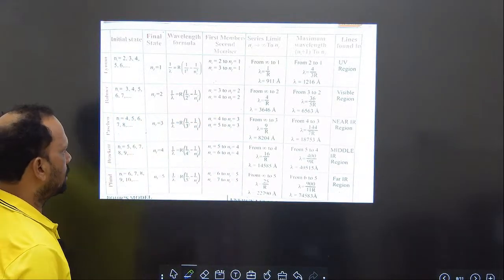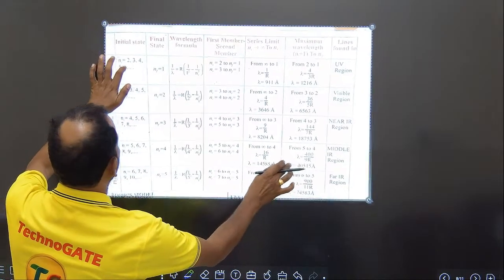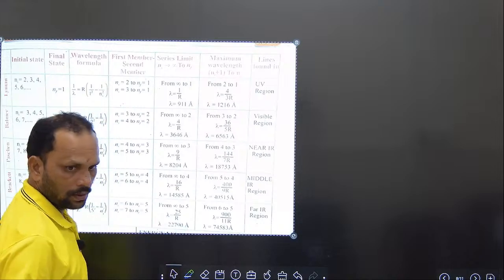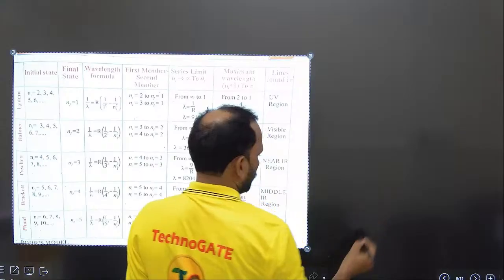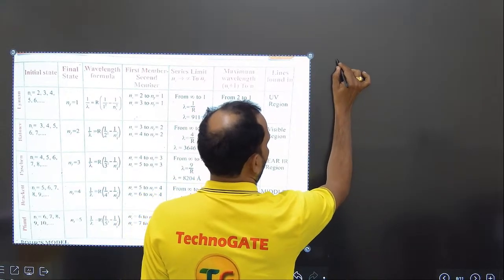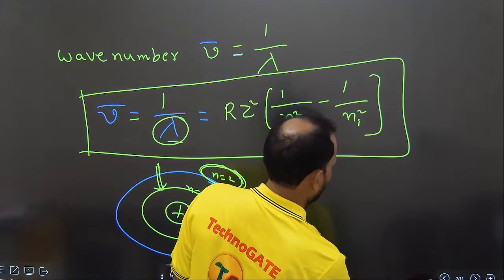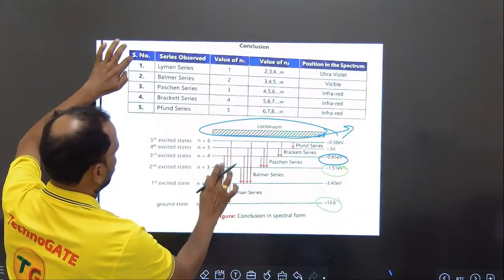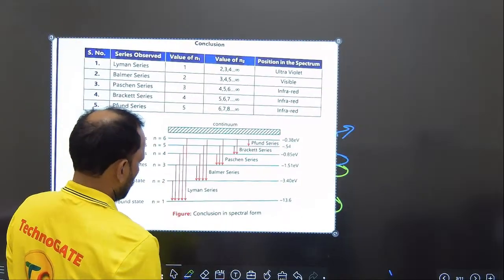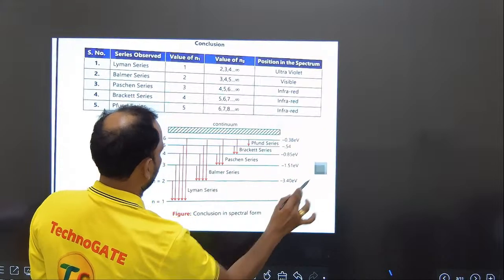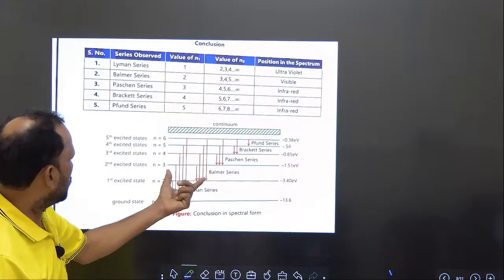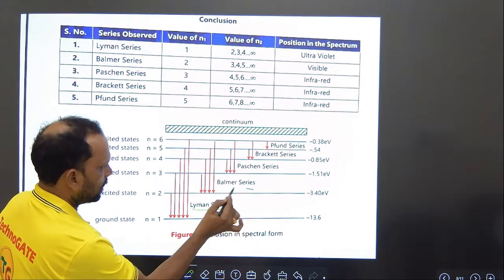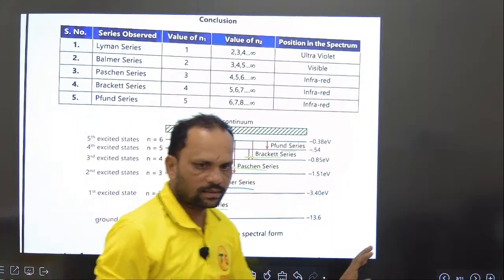So this is the table. Here, if you observe, this is the Lyman series, Balmer, Paschen, Brackett, Pfund.